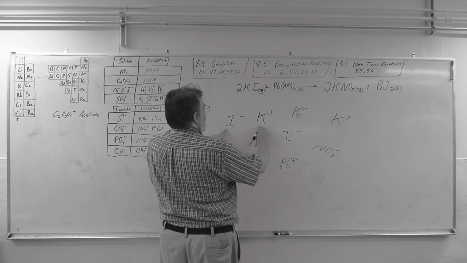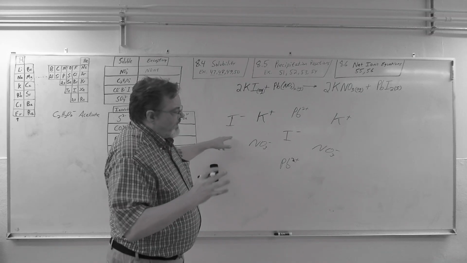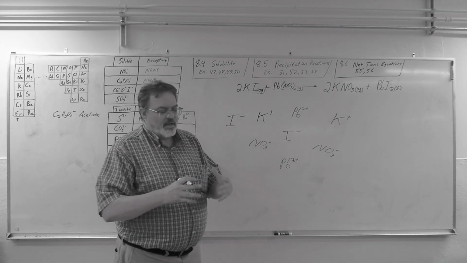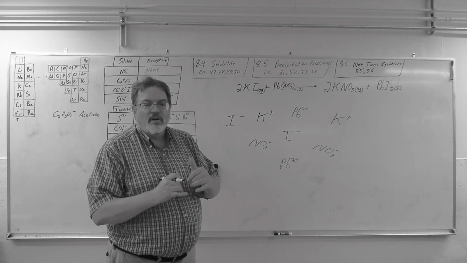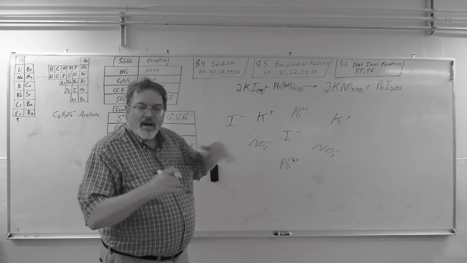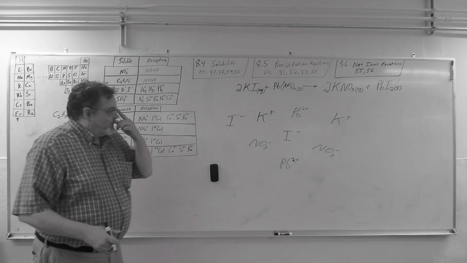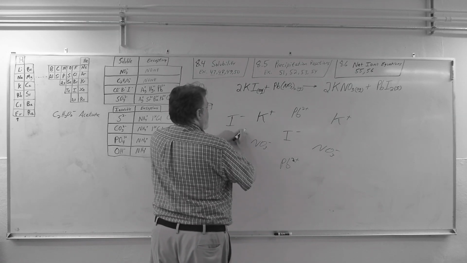If a K and an I bounce into each other, by the way, if you've got a beaker of water and these ions are in it, even if you just had a beaker of water, the water is moving. It just doesn't look like it is to you, but the water molecules are constantly floating and moving around. So will the ions if they're down in there. So these are moving around. A K and an I meet each other.